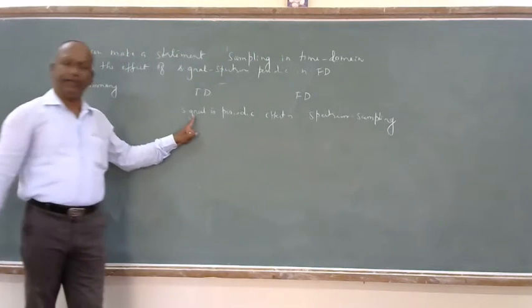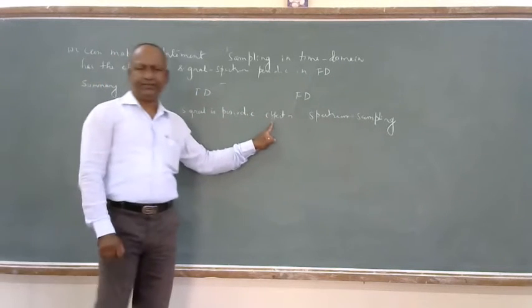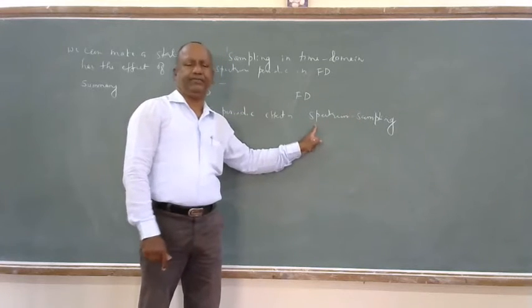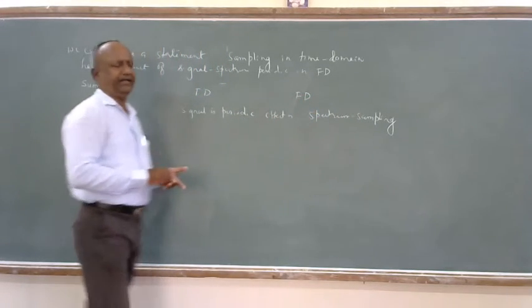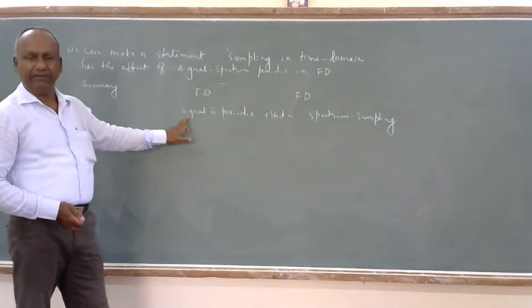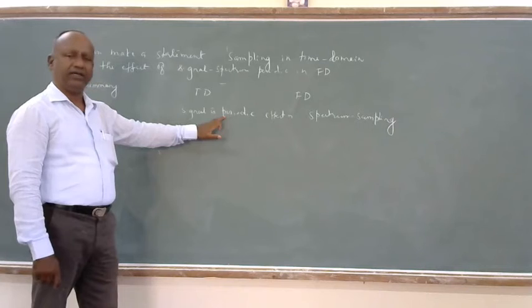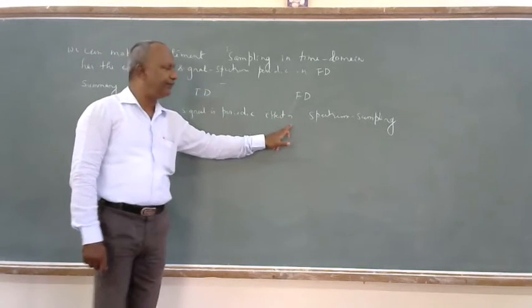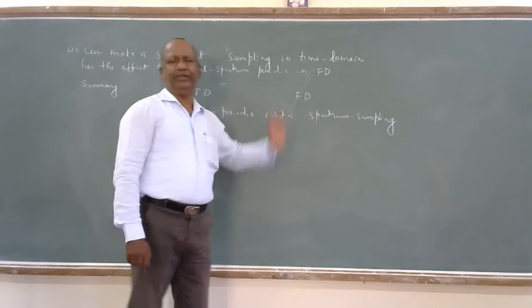Making a signal periodic in time domain has the effect of sampling the spectrum in the frequency domain. So this is what we read. Making a signal periodic in time domain has the effect of sampling the spectrum in frequency domain.